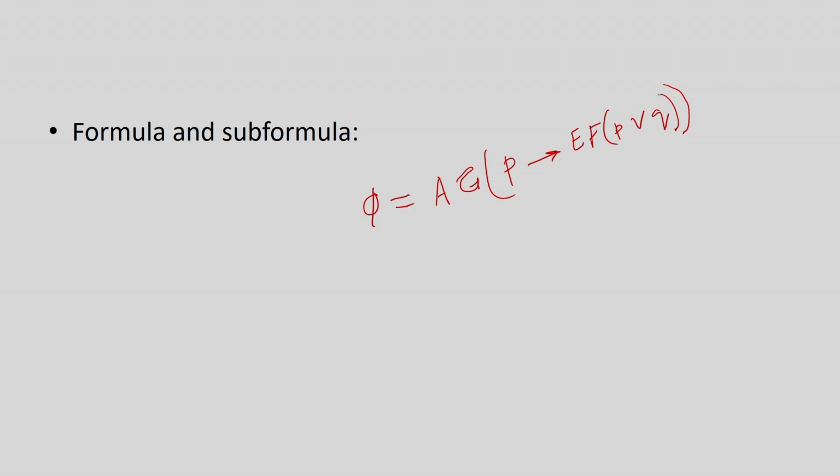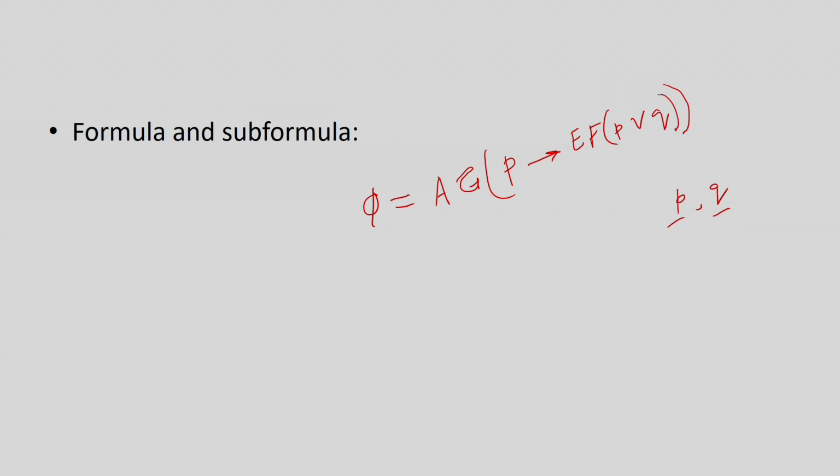So in this particular case, you just see we have atomic propositions P and Q. So these are the sub formulas. We know the set of states where these two sub formulas are true, that is, where the atomic propositions P and Q are true. We know these things with the help of the labeling function.